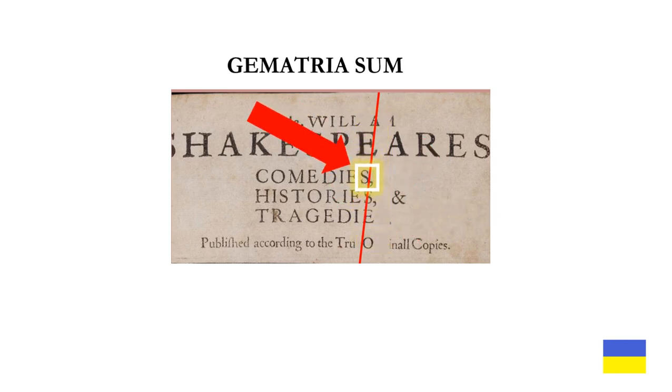We ignore the one for comedies because I believe the comma, the fact that the line goes through the comma and the S, separates it from the rest of this gematria sum.